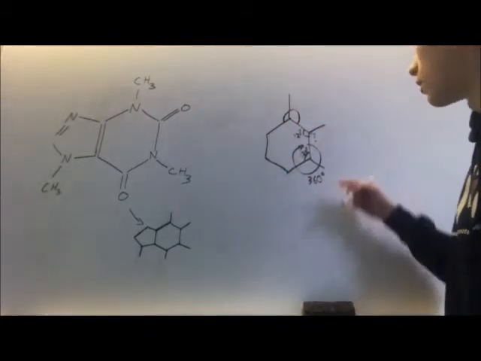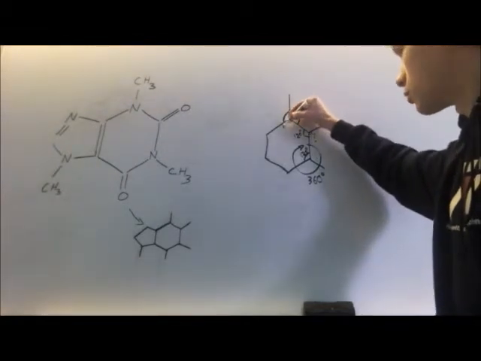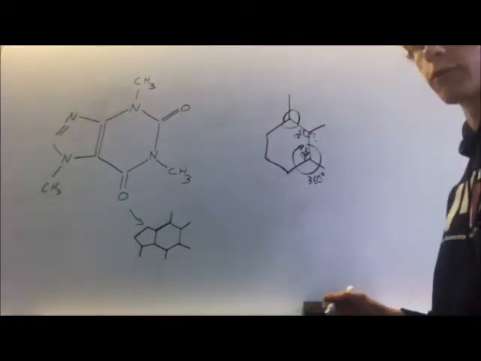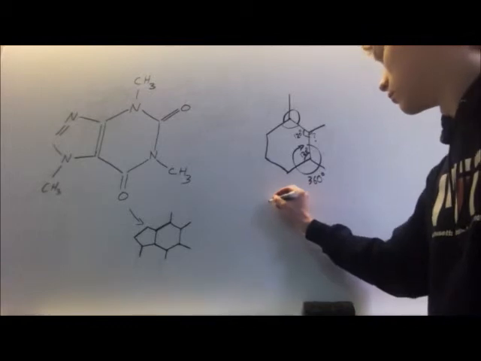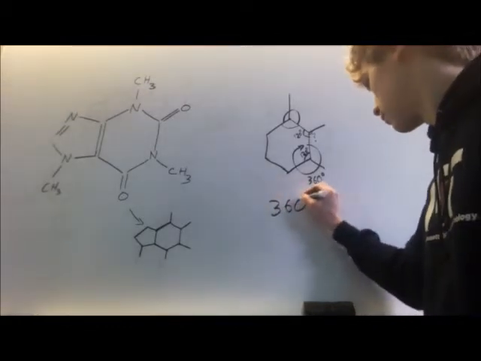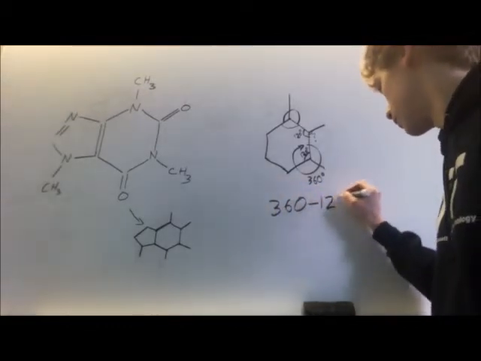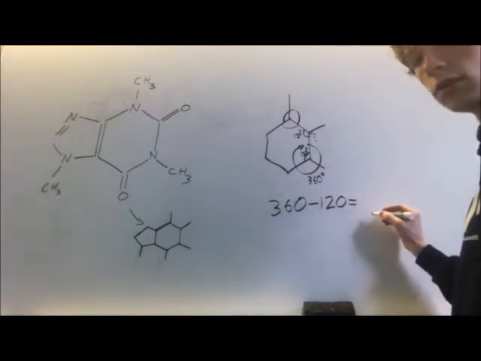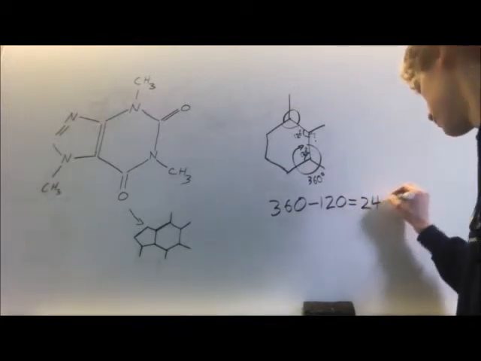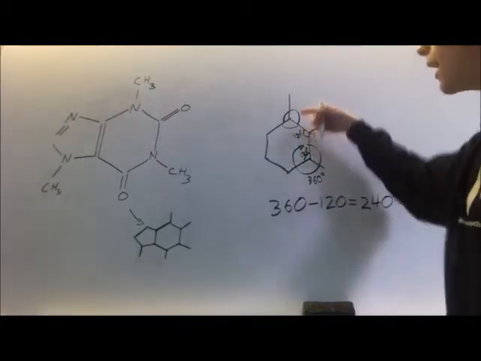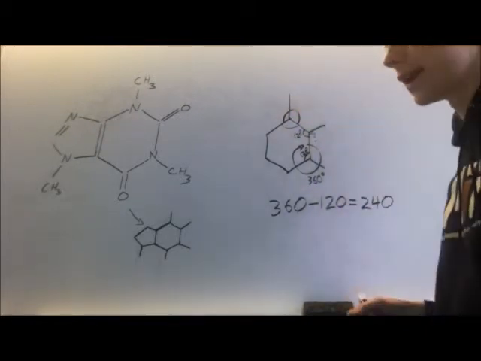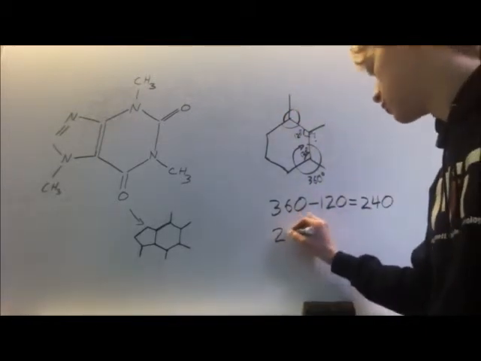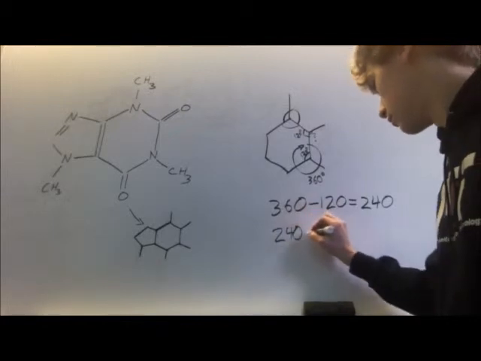Easy enough. All I have to do is take my 120 degree angle and subtract it from 360. So, 360 minus 120 is going to be equal to 240. Now, I need it to come off in the middle of that, which means I'm going to divide 240 by 2.